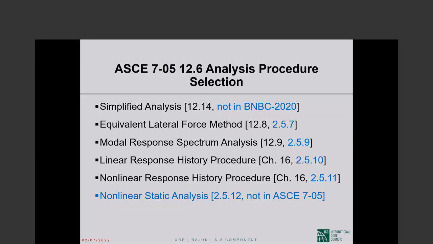Yeah. Okay. So the response history analysis means that you subject the base of your structure to a history of ground accelerations, ground acceleration as a function of time, and so we feed pairs of acceleration and corresponding time, and these time increments have to be very small for us to get accurate results.